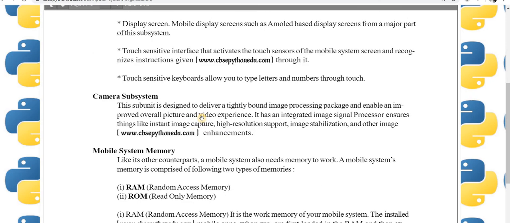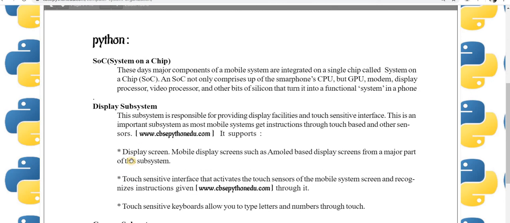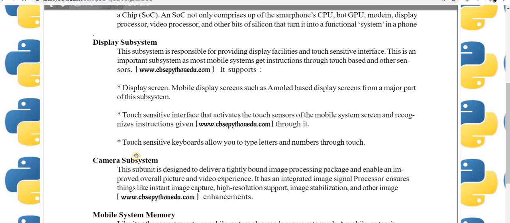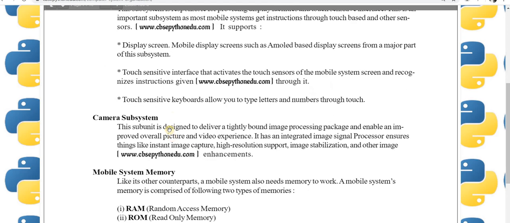Okay, then next one is the camera subsystem. So basically you can see one thing, that each and every function that we do randomly in our mobile phone has a subsystem of itself, right? Display subsystem, camera subsystem, system on a chip. Basically system on a chip is the main topic, and display subsystem and camera subsystem are topics derived from that SoC.